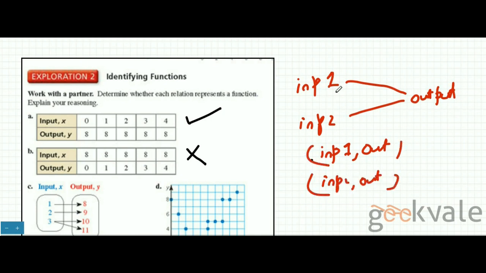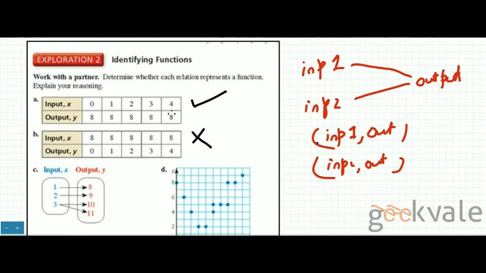So two inputs can map to one output because if you look, the input is unique in each ordered pair. So if you look at this one, this output has this input, this output has this input. Now there are two outputs which share the same input. So if we write it down in the form of ordered pairs, we get 3,10 and 3,11. Input is repeated, right? So that will not be a function. D now.